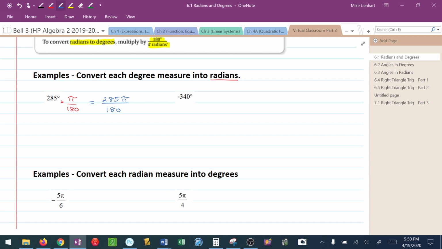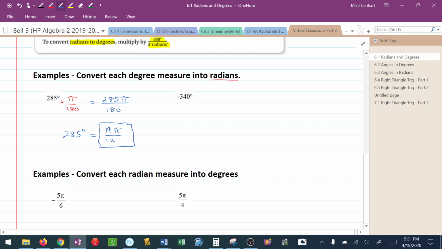Pi has to remain in the answer. And I convert that, I know that this 285 degrees is the same as 19 pi over 12. So in radians, it would be 19 pi over 12.